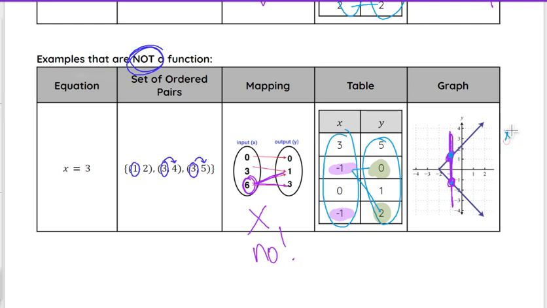So their x coordinate is -1 in both of these examples, but the y coordinates are different. So this one has a y coordinate of about 1.5, just for estimating sakes. And this one is also about -1.5. So those are two different y values. So the x coordinate -1 maps to two different y values, which takes us back to what we said with the ordered pairs, mapping tables, and so on.